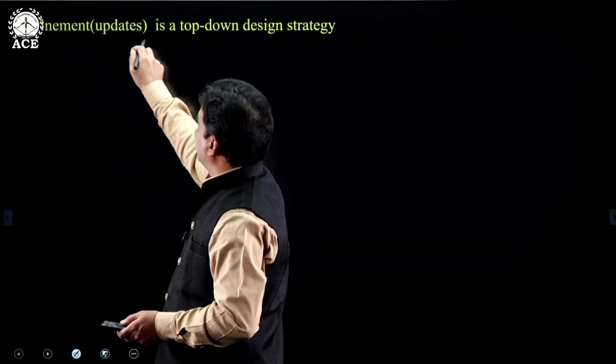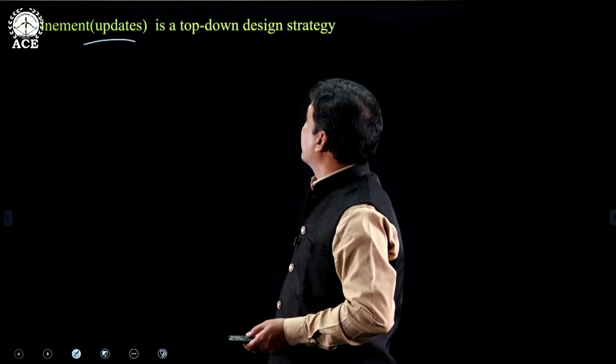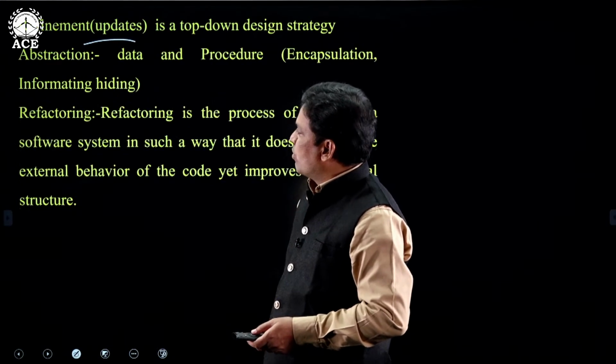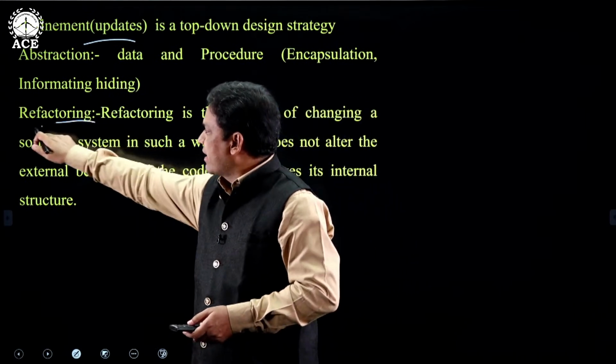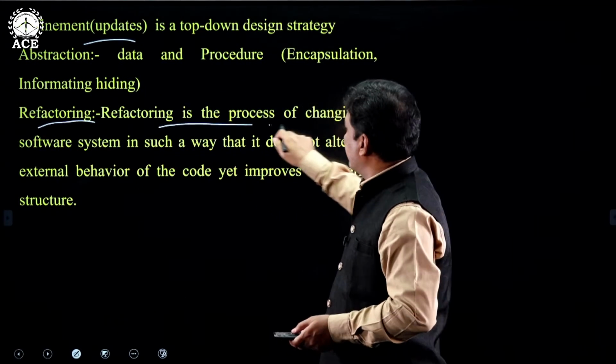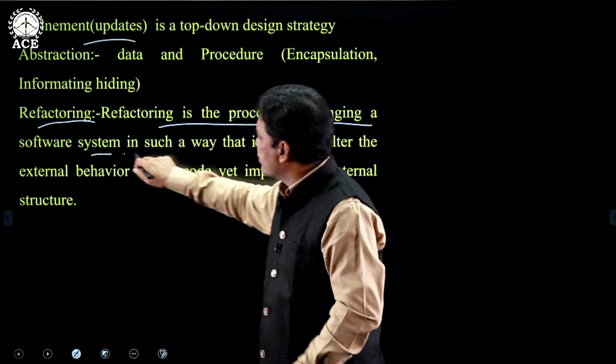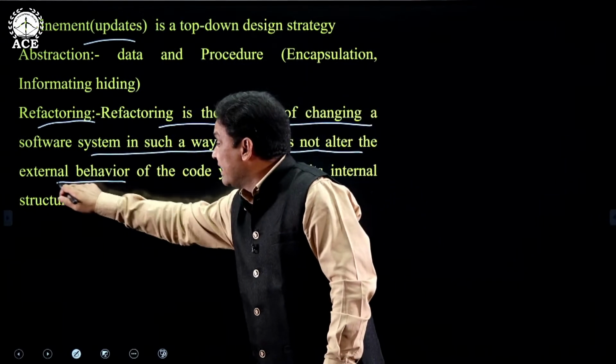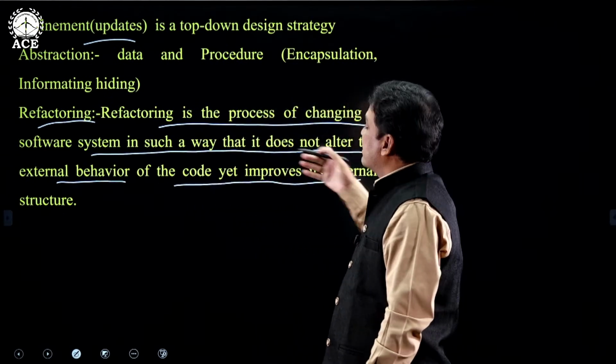And refinement, which we have discussed, that is the top-down design strategy. About abstraction also we had discussed, and about refactoring also. Refactoring is the process of changing a software system in such a way that it does not alter the external behavior of the code, but improves its internal structure.